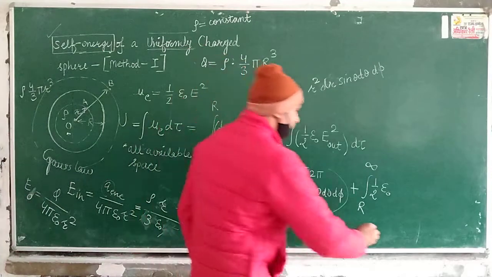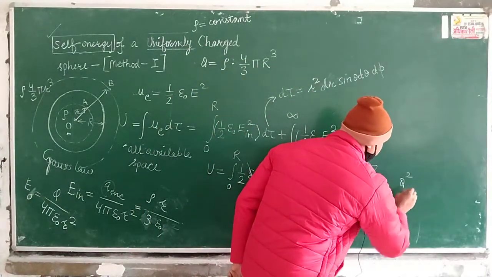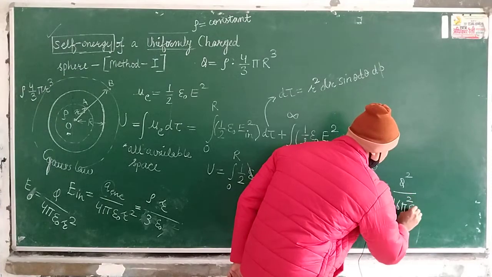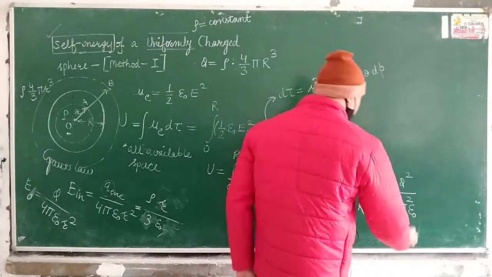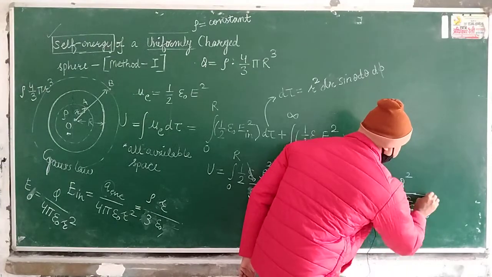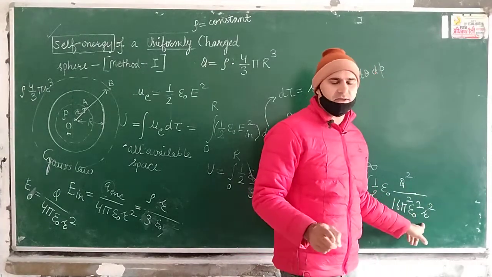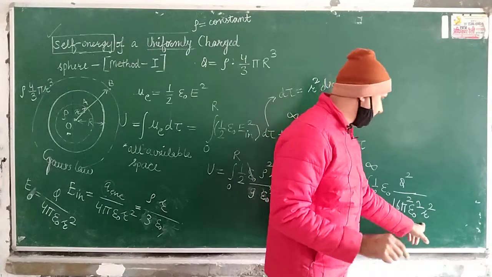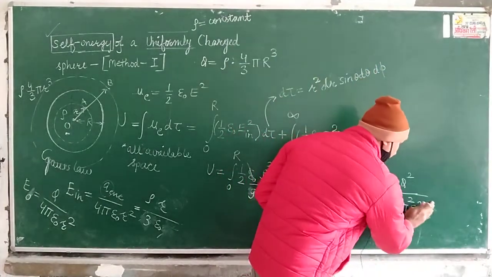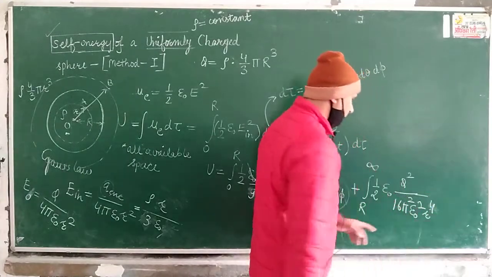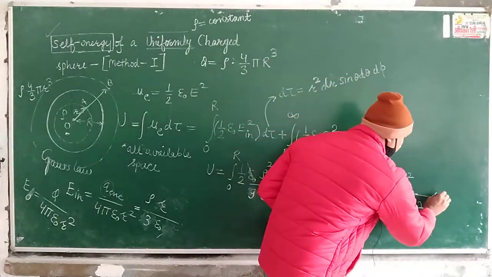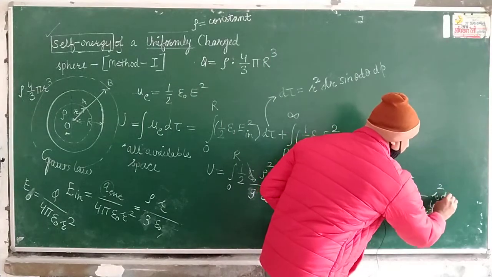So here you will put the total charge, that is Q square by 16 pi square epsilon node square and then you have r square, and this r is greater than the radius of the sphere. Now you will put the value of, so here we will take square of this r raised to power 4, and then the volume element, that is r square into dr.